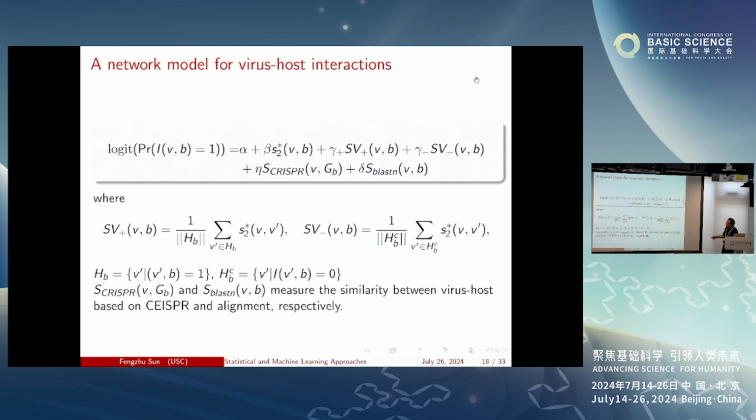And SVV minus is how similar this V is to those V prime. This one measures similarity based on the CRISPR, and this one is based on the alignment.